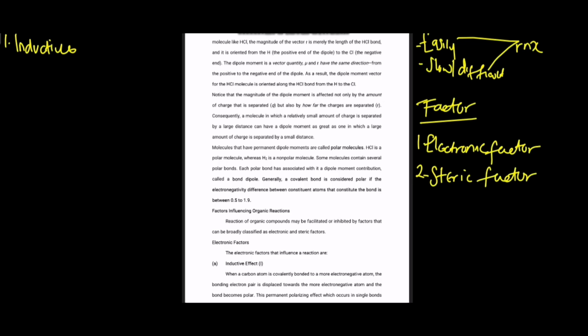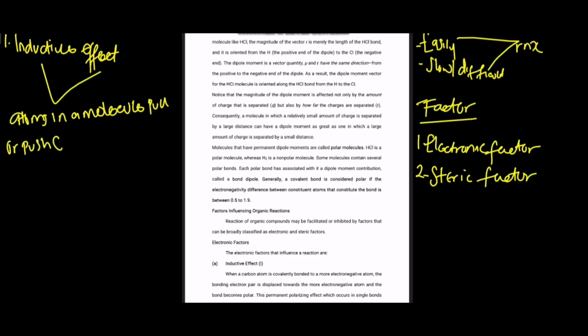The inductive effect happens when atoms in a molecule pull or push electrons through a sigma bond. Please take note of this. I'll make it very simple: the inductive effect happens when atoms in a molecule pull or push electrons through a sigma bond.